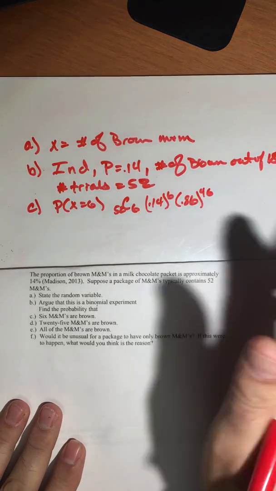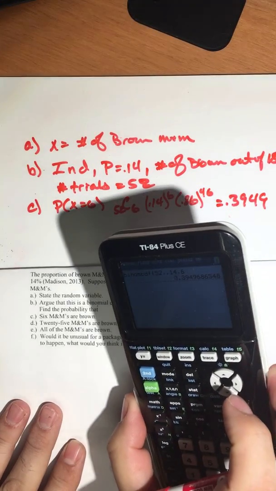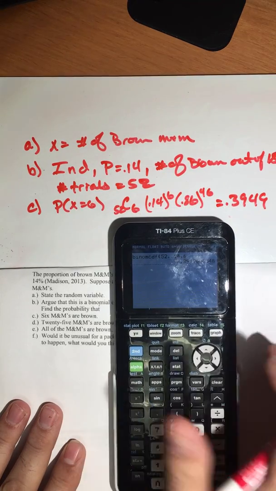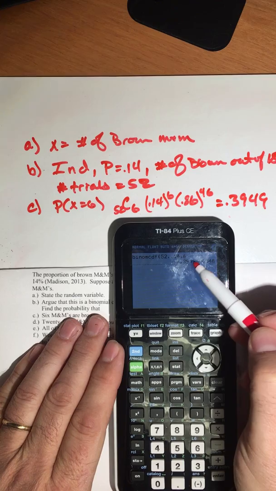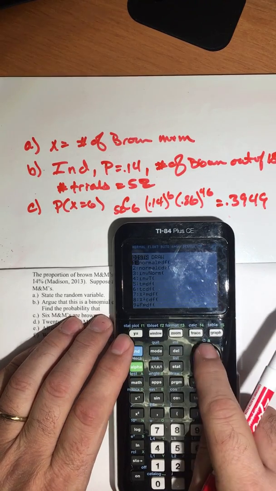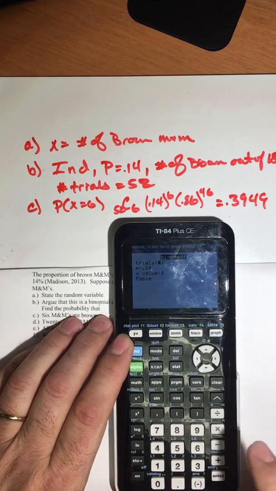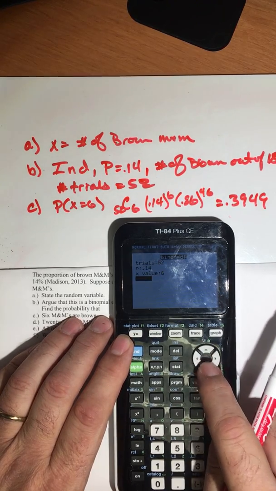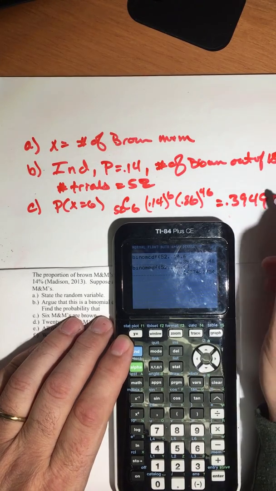That seems awfully high. Oh, yes, look at what I did. I did binomial CDF. So let's go back and fix that. It's binomial PDF. And there's 52, 0.14, and 6. And that value is 0.148.